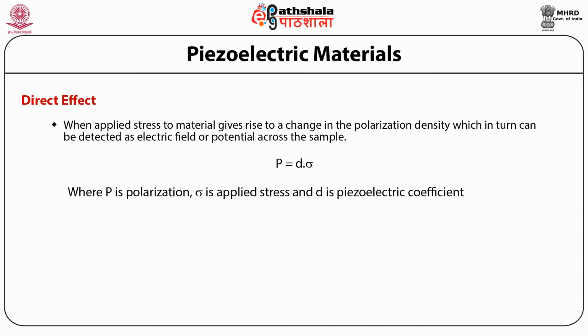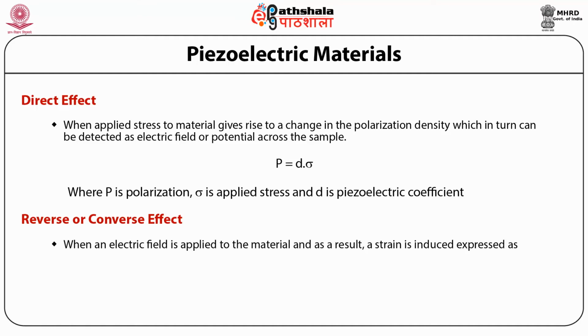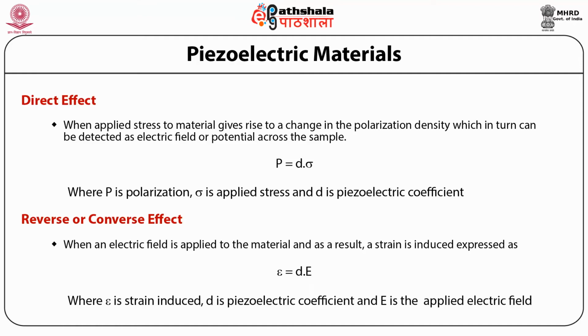Now, second is the reverse or converse piezoelectric effect. The reverse is true when an electric field is applied to the material and as a result a strain is induced in it. It is expressed as ε = D E, where ε is the strain induced, D is the piezoelectric coefficient and E is the applied electric field.